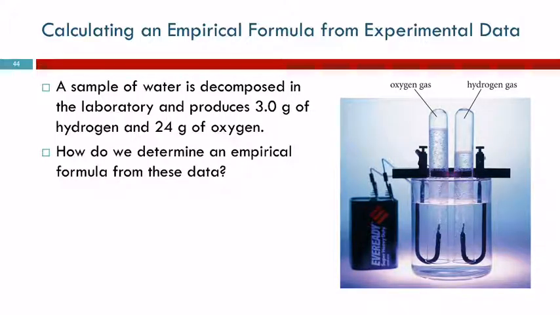Well, we can't get it directly from the masses because the formula relates numbers of atoms, right? So what we need to do is take this mass of hydrogen and figure out how many hydrogen atoms is that, or how many moles of atoms is that. And we need to do the same thing with oxygen. I'm going to peek ahead.